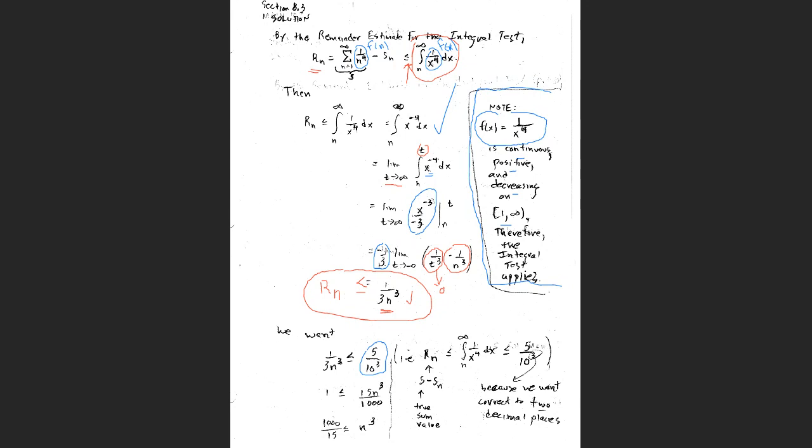If we wanted our estimate correct to 3 decimal places, we would want our upper bound less than or equal to 5 over 10 to what power? One thing I'll mention here might make this a little more intuitive: 5 over 10 cubed is 0.005.